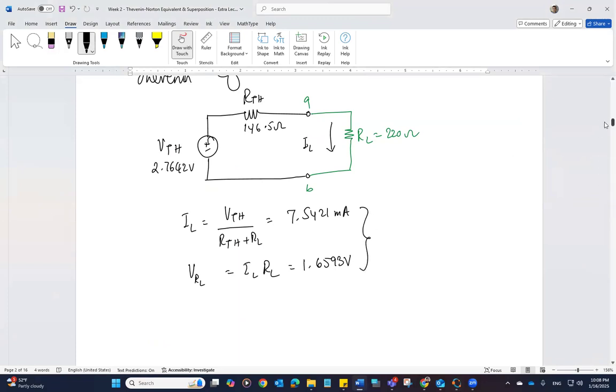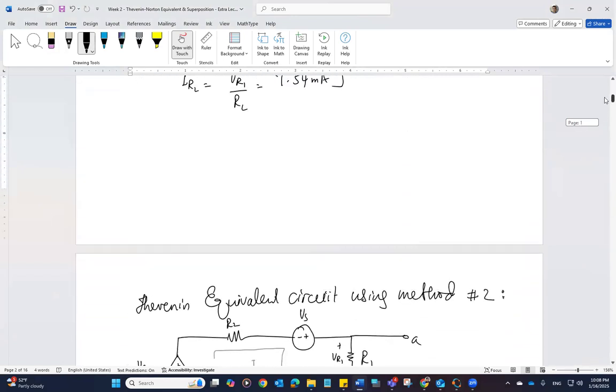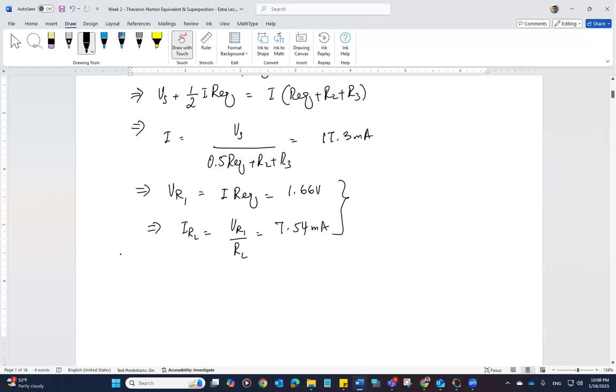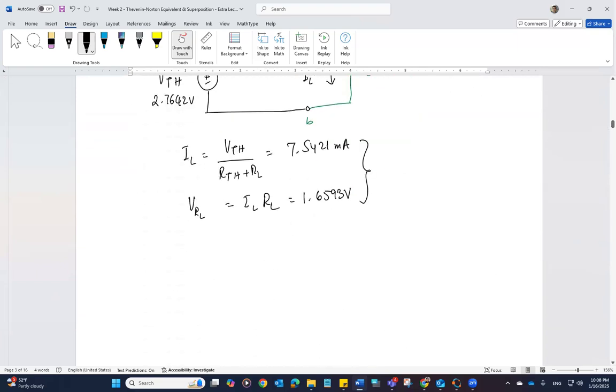These two values are the same as 1.66 volt, I rounded that up, and 7.54 milliamp. So 1.66 volt and 7.54 milliamp, same as calculated from the original circuit.